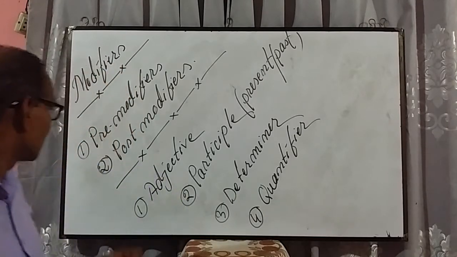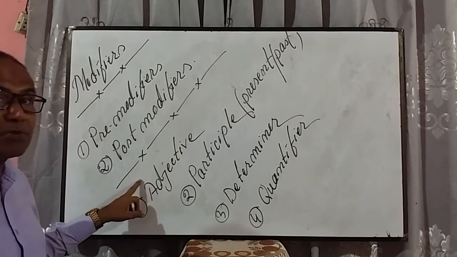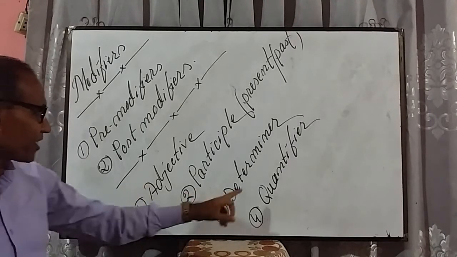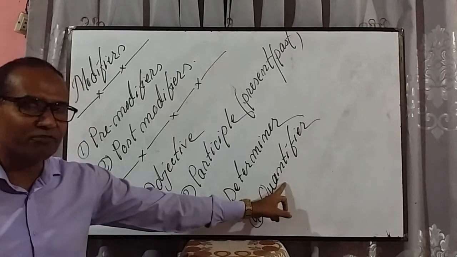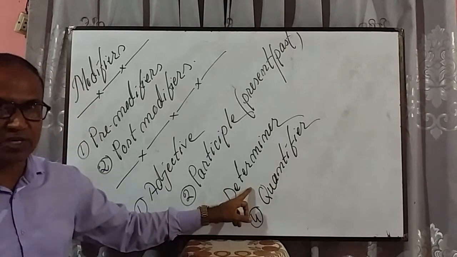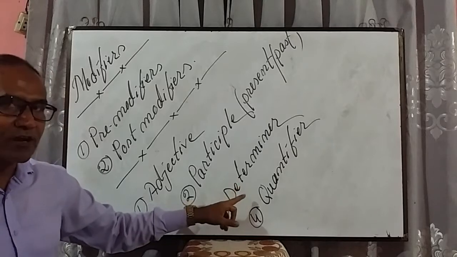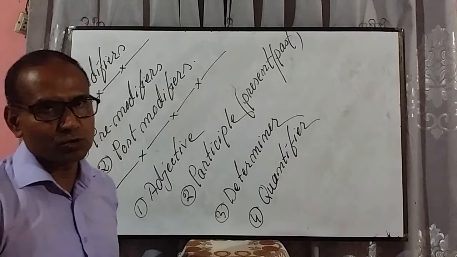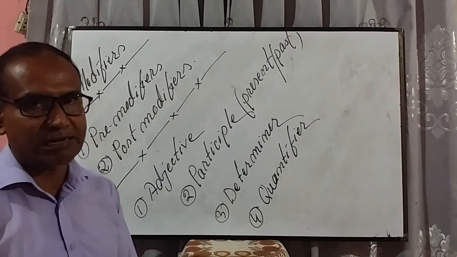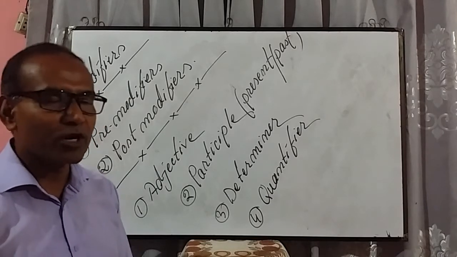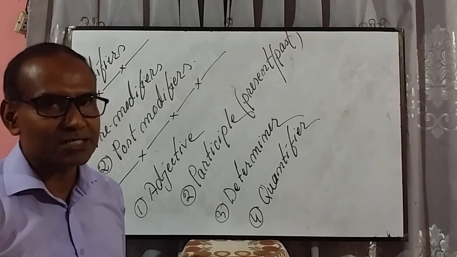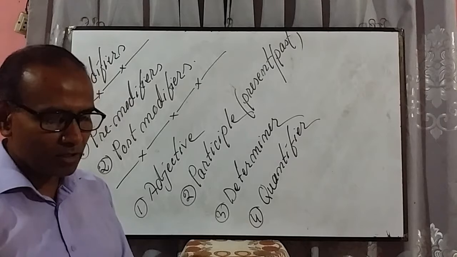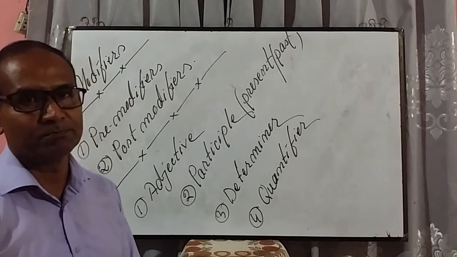That means an adjective can be used as a modifier, but a modifier, something like a quantifier or determiner, which I'll discuss later, cannot be treated as an adjective. So make it clear what a modifier is: a kind of adjective that modifies nouns, pronouns, adjectives and verbs.